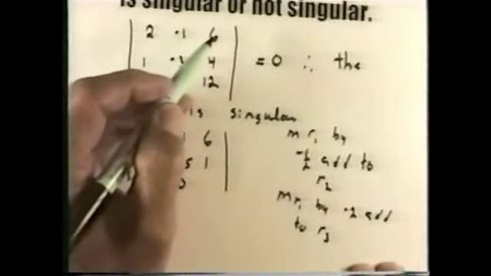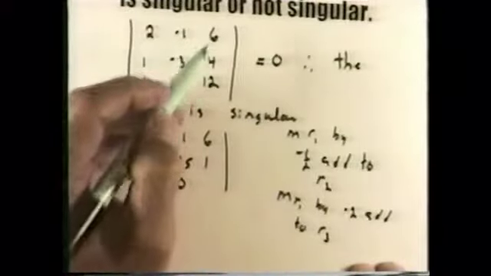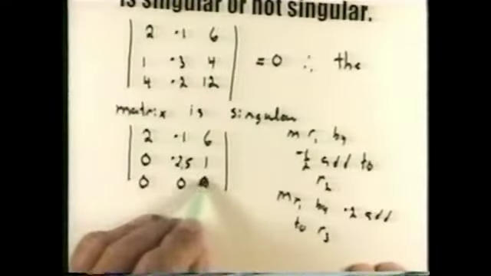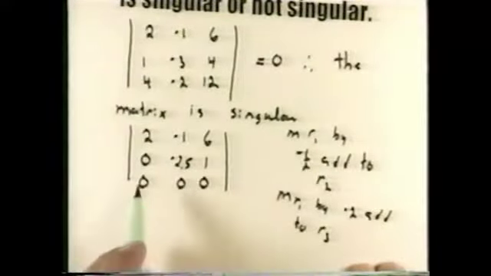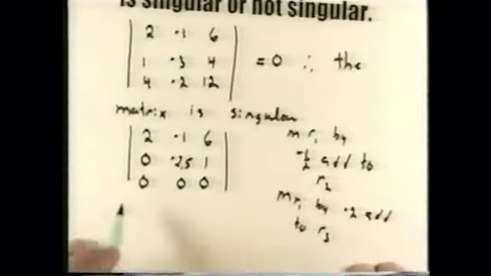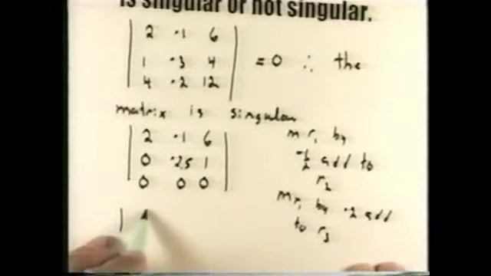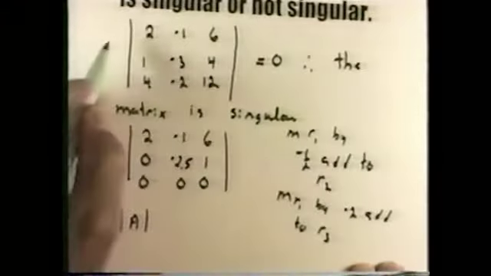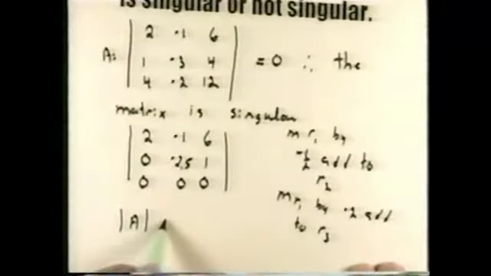A -2 times 6 is -12, plus 12 is 0. Well, I have a row of all zeros, which means that the determinant, if we call that matrix A, is 0, which implies that it is singular.